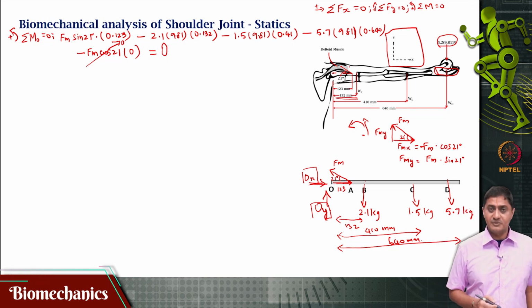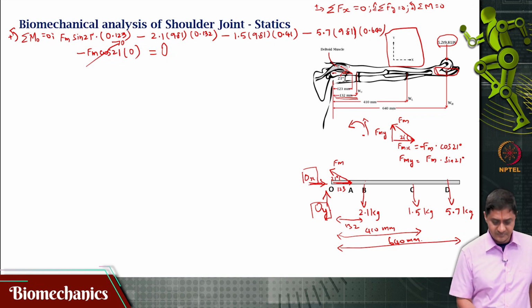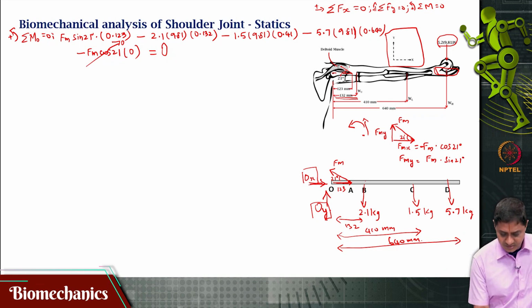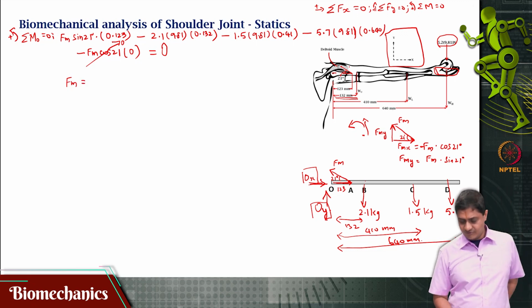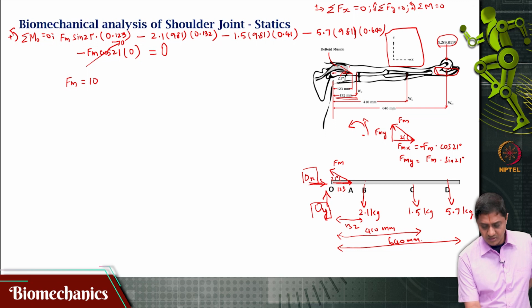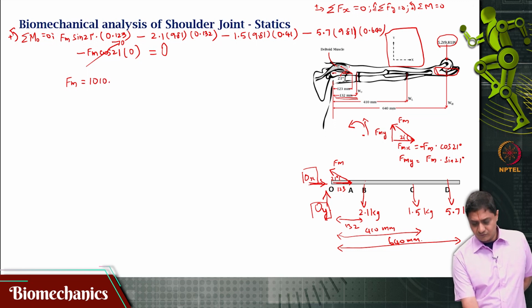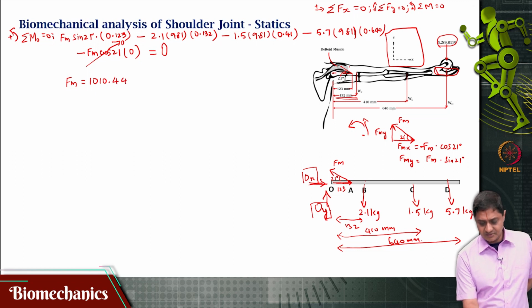That term is Fm cos 21 times 0, so the whole thing is 0, right? If you get that, you will find after some simplification, Fm is actually 1010.44 newtons or 438 newtons.